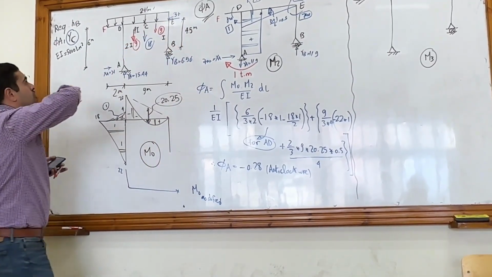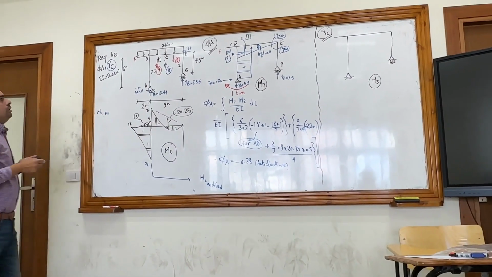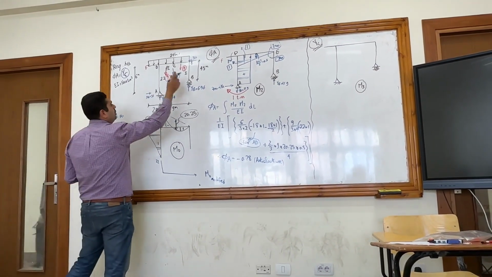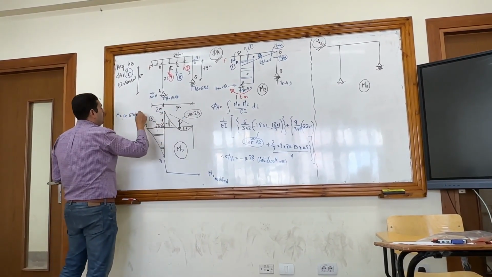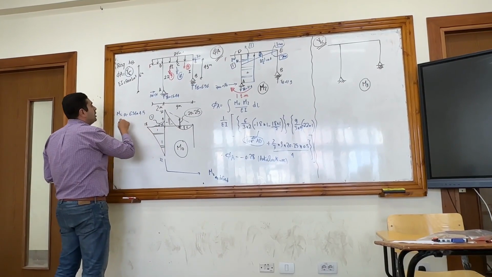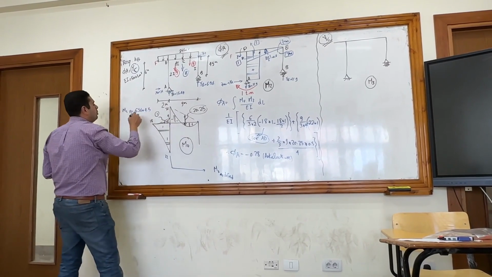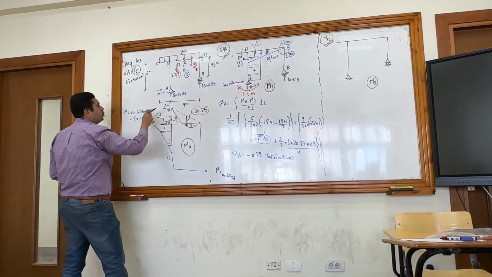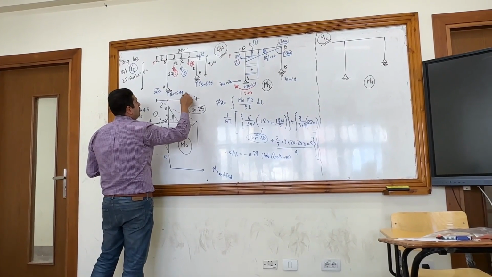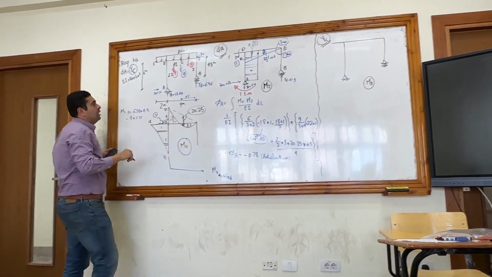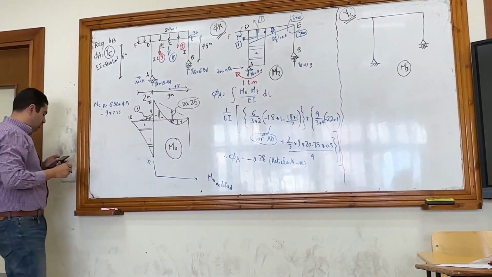Okay. So I now want to calculate the MC right. MC right will be 6.56 multiplied by 4.5 minus 9 multiplied by 2.25. So this is 4.5, C is in the midpoint, and 9 is in the middle of the 4.5, so it will be 2.25.